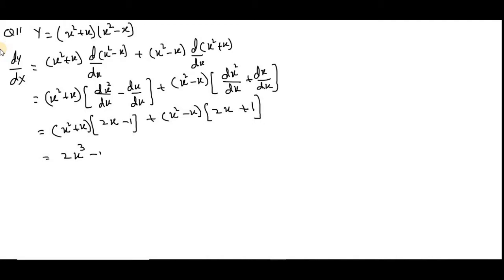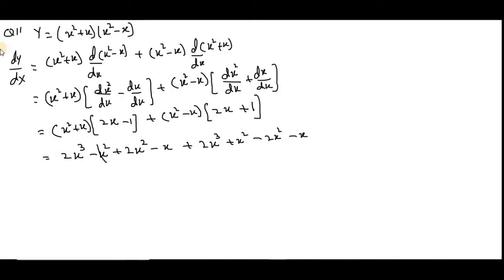Now just simplifying: 2x cube minus x square plus 2x square minus x plus 2x cube plus x square minus 2x square minus x. Now we will see there are some terms which are cancelled.